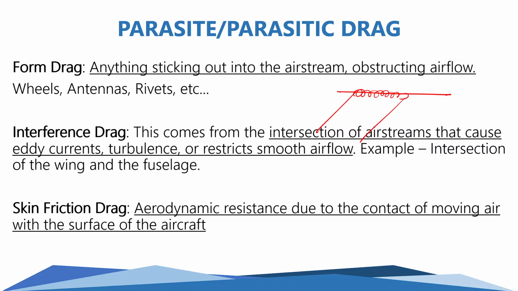And it basically restricts the smooth airflow because it's just kind of in a specific position where the airflow is nice and smooth over the entire wing, but in this little corner here, it becomes a bit restricted.